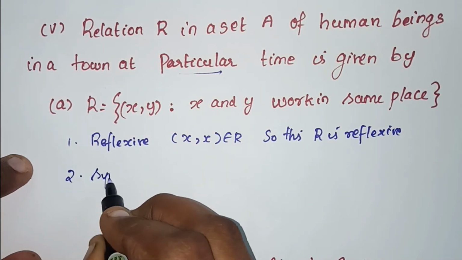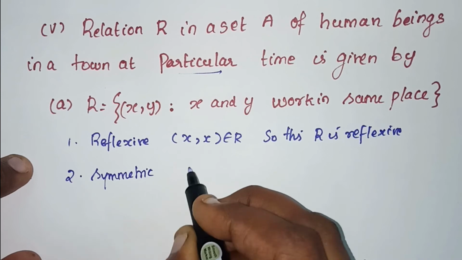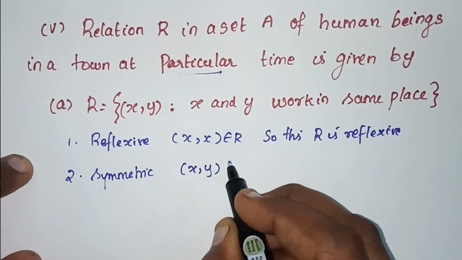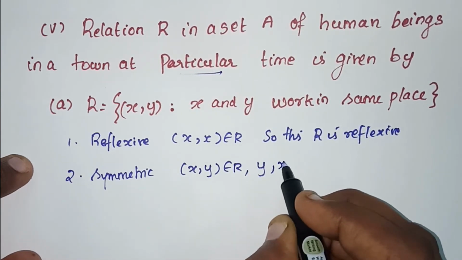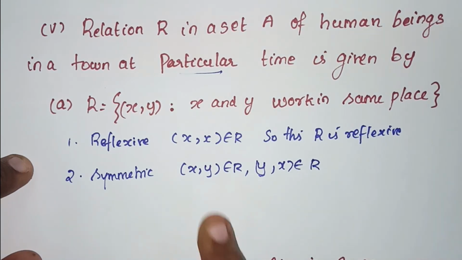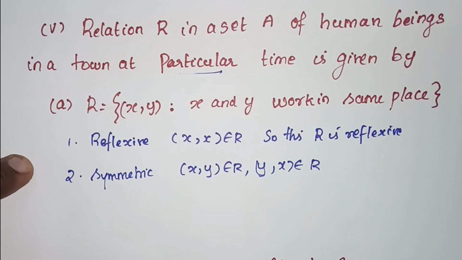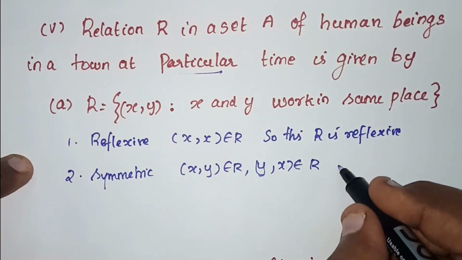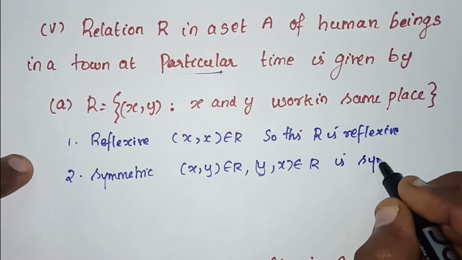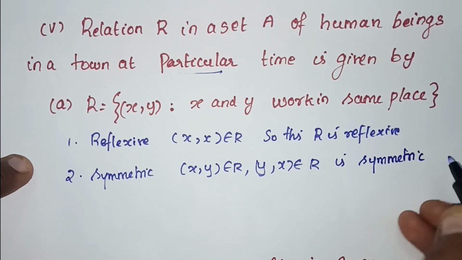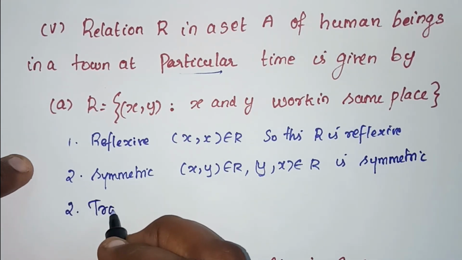Next is symmetric. Symmetric means (x, y) belongs to R and (y, x) also belongs to R. If x and y work in the same place, then y and x also work in the same place. So this relation is symmetric. Next, transitive.